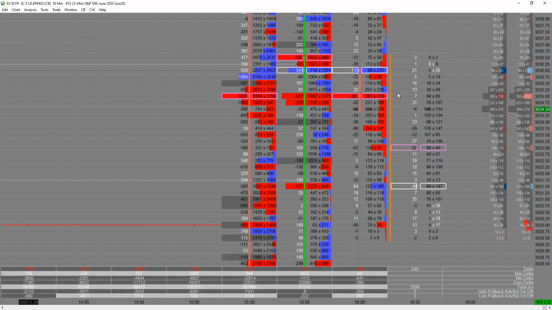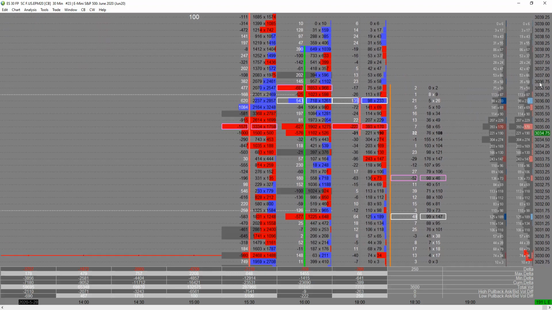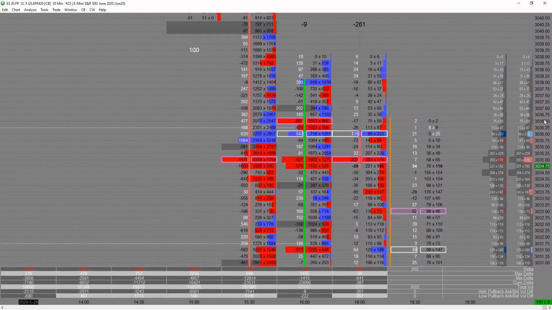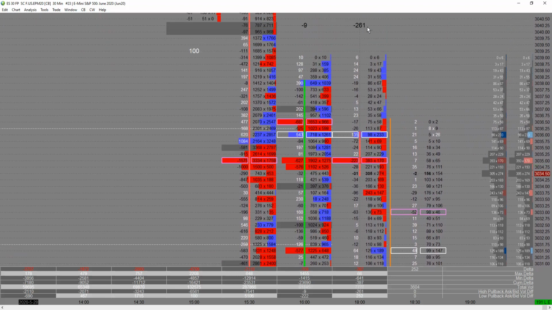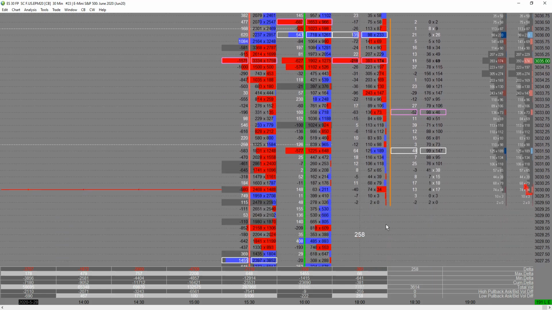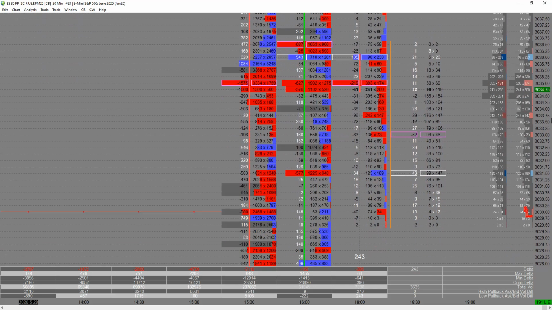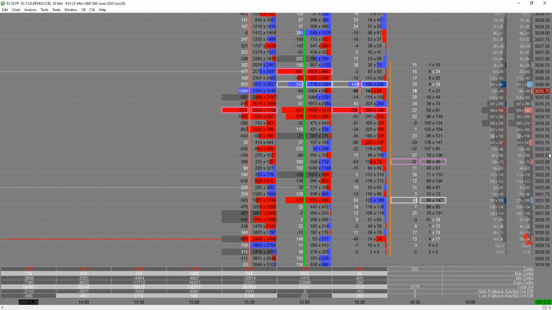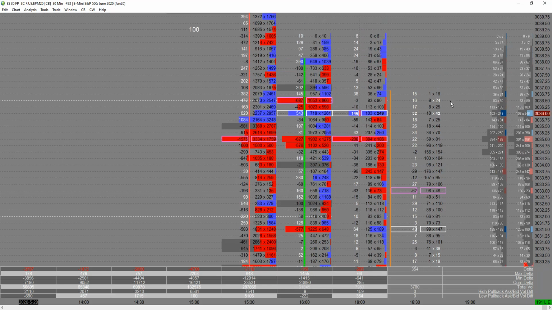This other footprint here gives me the pullback candle. The pullback from the high has given negative 261 delta, and the pullback from the low has given 258, which is a very purely balanced market. If we trade above this zone, bulls could get control.